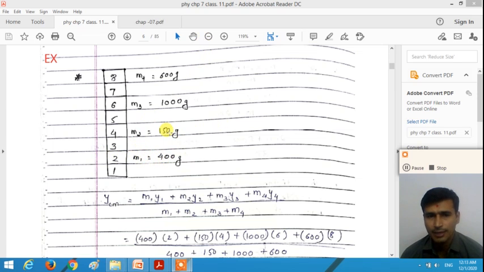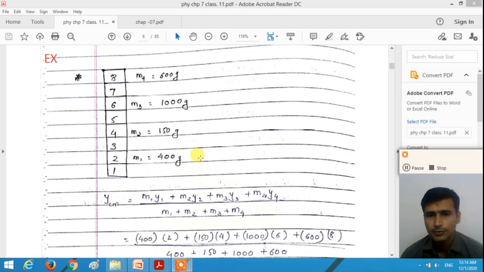The object having 150 gram is at the fourth floor. The object having 1000 gram is at the sixth floor, and the object having a mass of 600 gram is at the 8th floor. Calculate the center of mass of the system of these four objects. So what is the location of the center of mass for the system of these four objects?